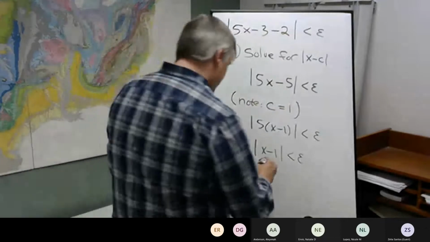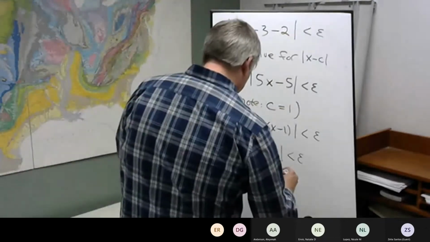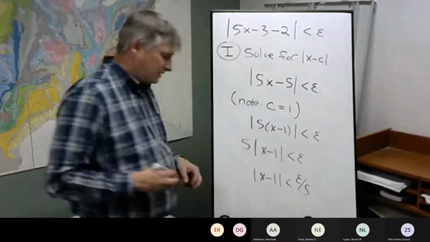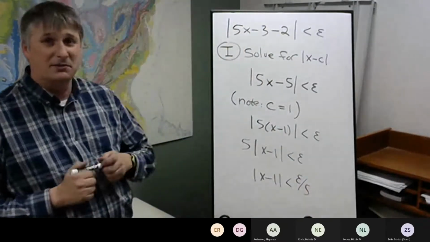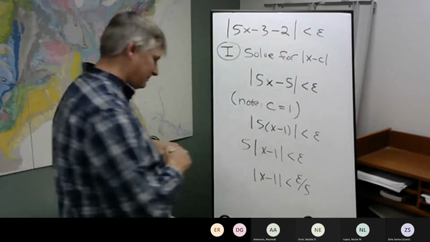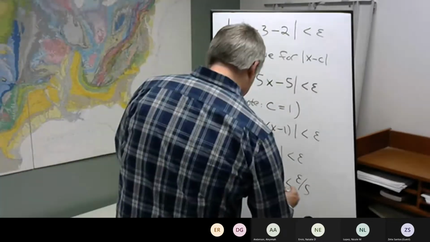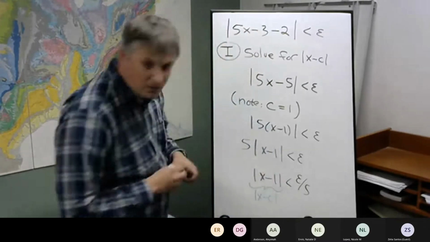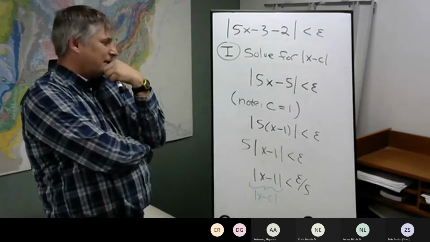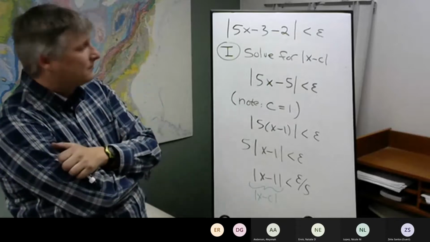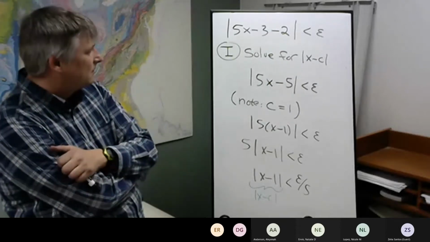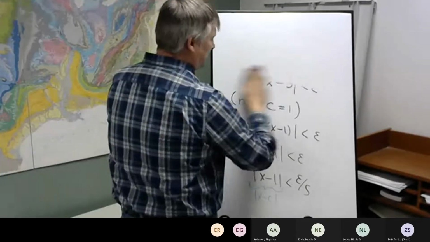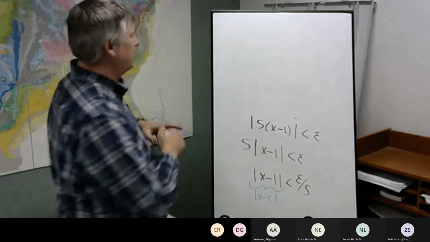And divide by 5. And we get our absolute value of x minus c. So questions about that? So what we've done is we have this.